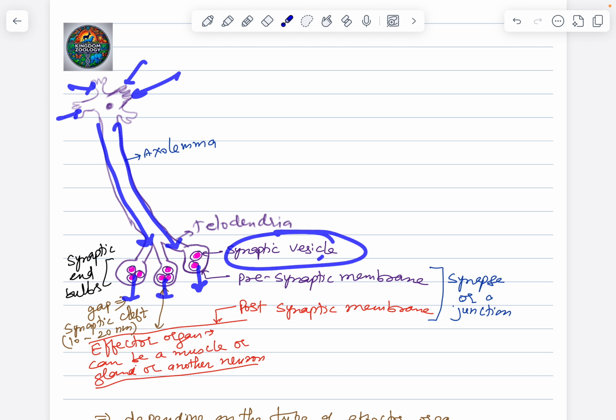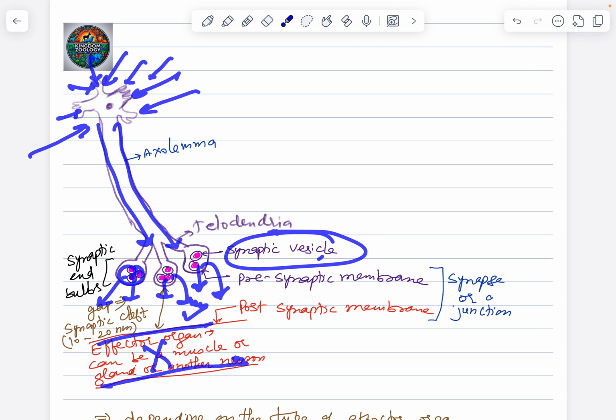Do you think the neurotransmitter is stored in infinite quantity here? No, it's limited. So if there is continuous collection of stimulus at the dendrons and continuous release of neurotransmitter at the synapse, there might come a time when the neurotransmitter supply gets exhausted. Finished. After that, if you keep giving stimulus to your dendrons, do you think the neuron will be still stimulating the effector organ?